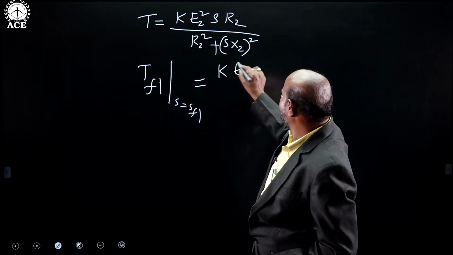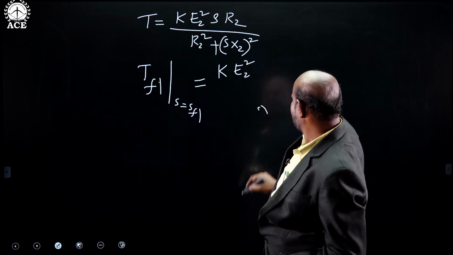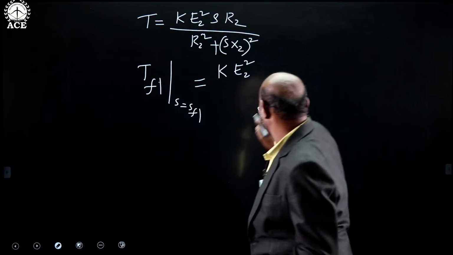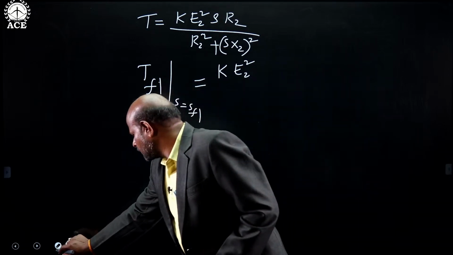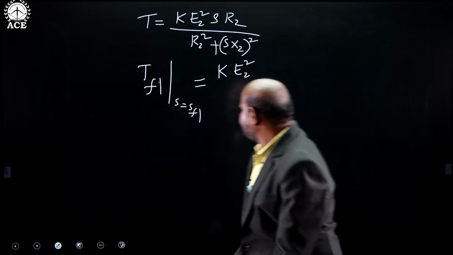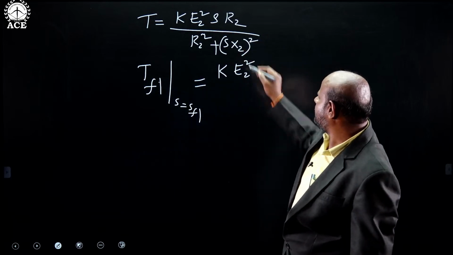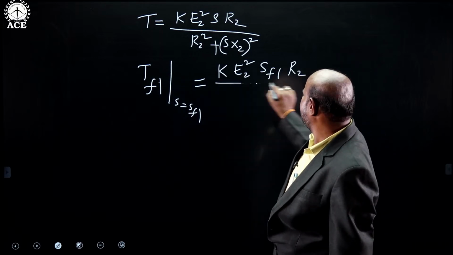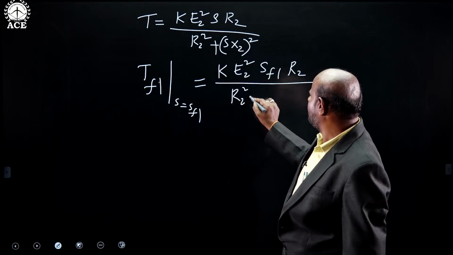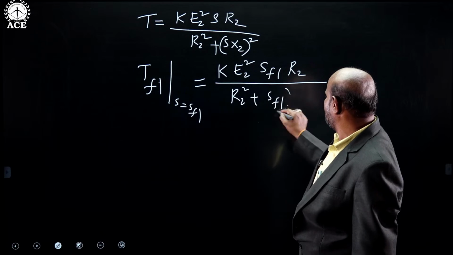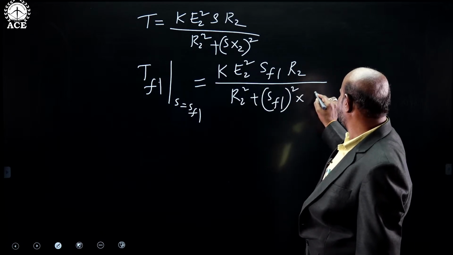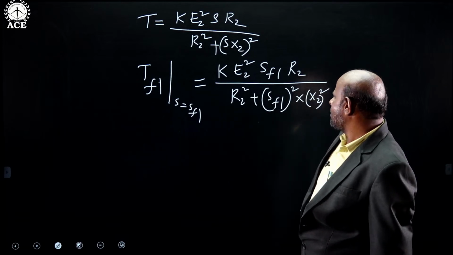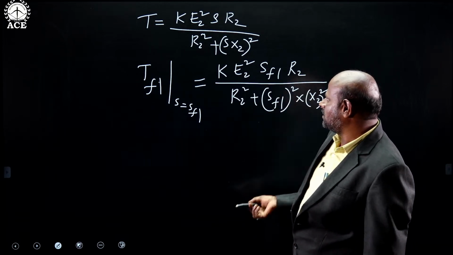So K into E2 square, in place of S substitute SFL, R2 by R2 square plus SFL whole square into X2 square. This is the full load torque.